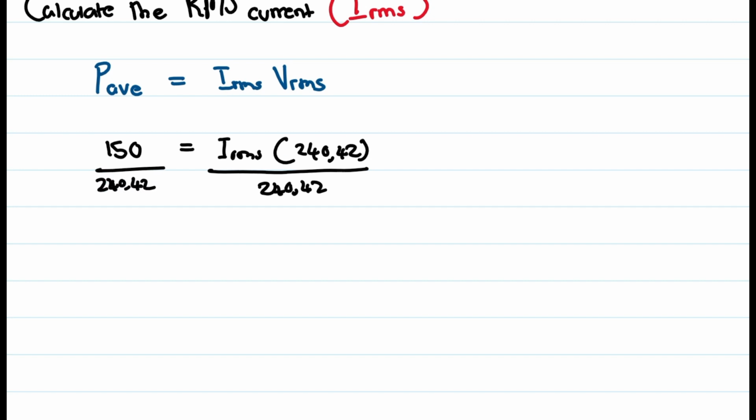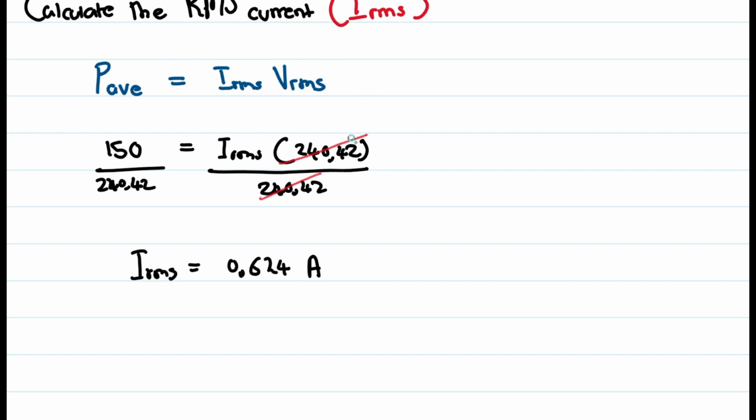That goes out, and your answer should be 150 divided by 240.42, and that should give you something like 0.624 amperes. So current is measured in amperes.